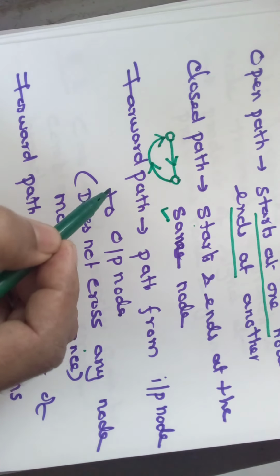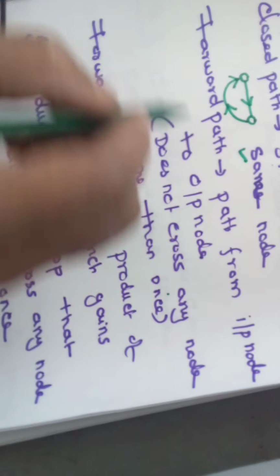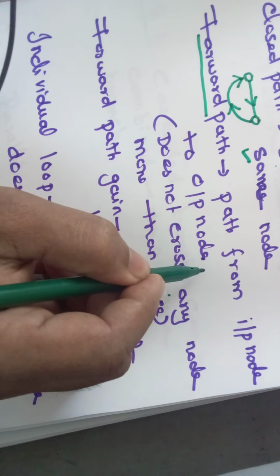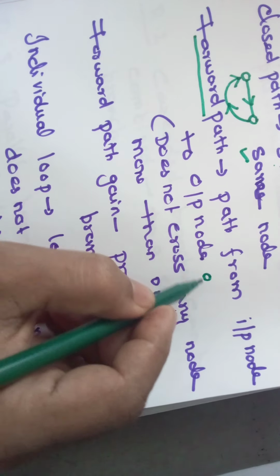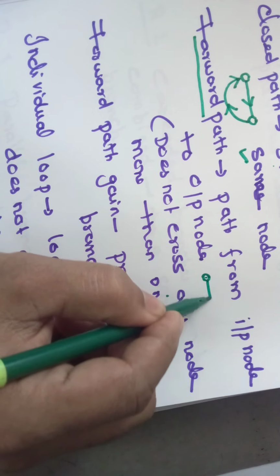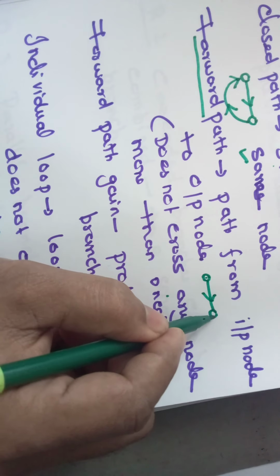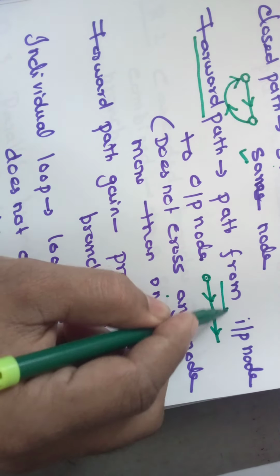What is a forward path? A forward path means a path from the input node to the output node. For example, if a signal starts from this point, travels in this direction, and reaches another node, this path is called a forward path.